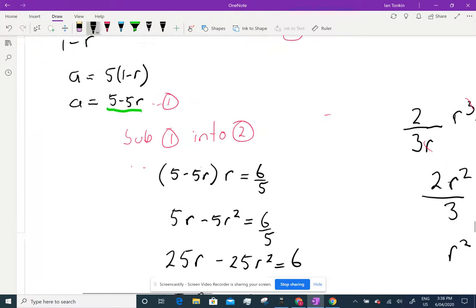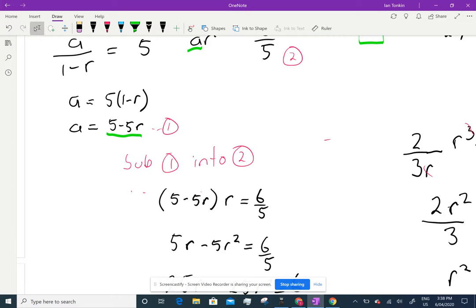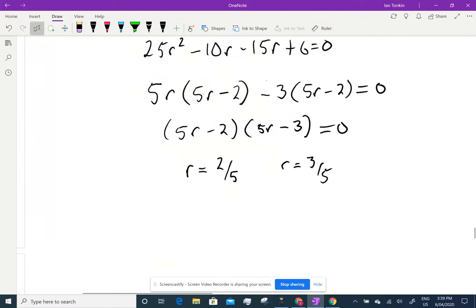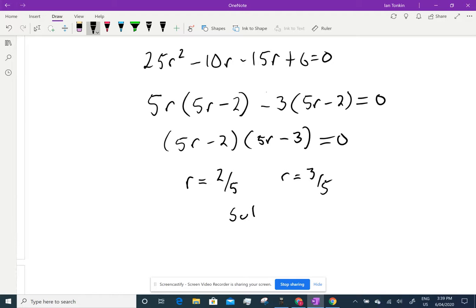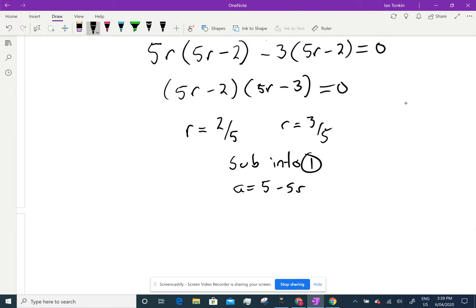Now, way back here, I've got A equals 5 minus 5R. So I'm going to sub these into equation 1, and it was 5 minus 5R. So remember, A equals 5 minus 5R. So A equals 5 minus 5 times 2 on 5, which is 5 minus 2, which is 3.